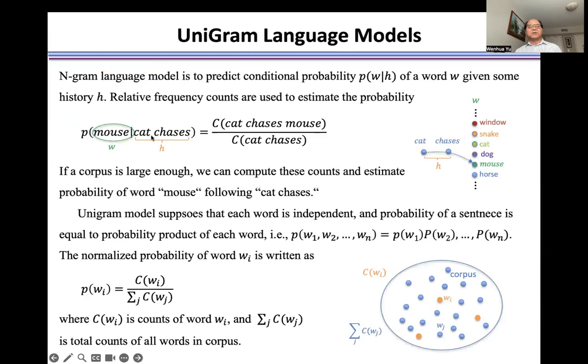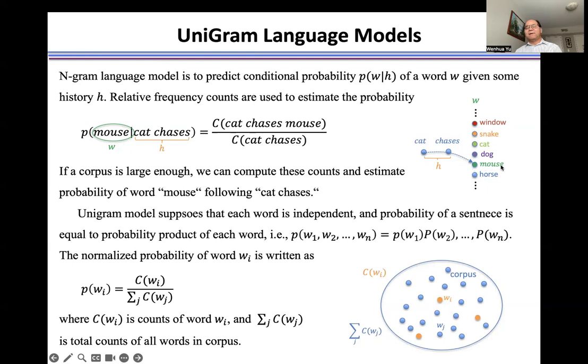For example, we use "cat chases" as a history H to predict the word W. To do so, we first calculate the counts of 3 words, that means 2 history words plus 1 word in the corpus, divided by the counts of the 2 history words. H here is "cat chases".